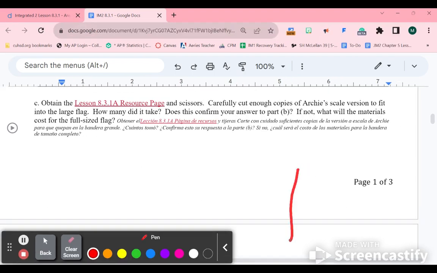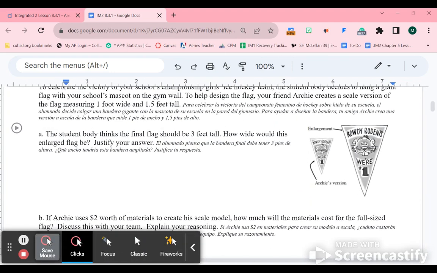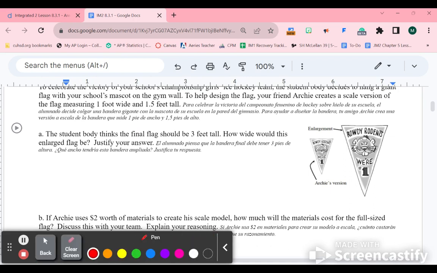So let's see. So we have that Archie's version is 1 foot wide and 1.5 feet tall. And the student body thinks that the final flag should be 3 feet tall. So that means this length will be 3 feet.